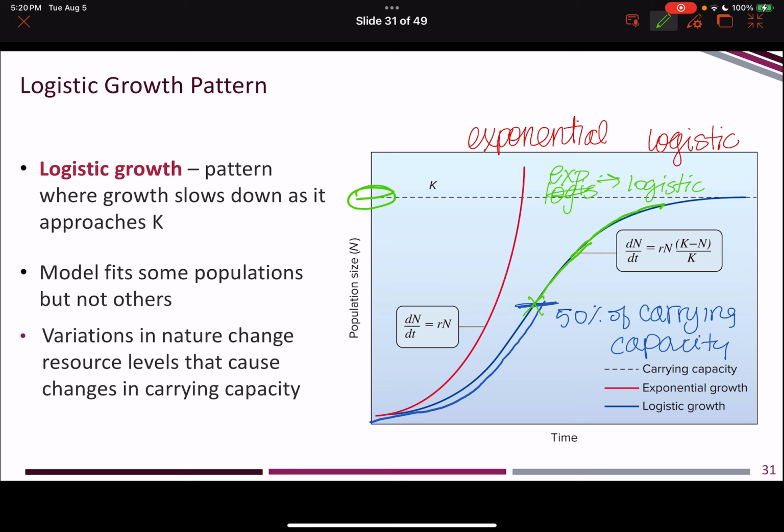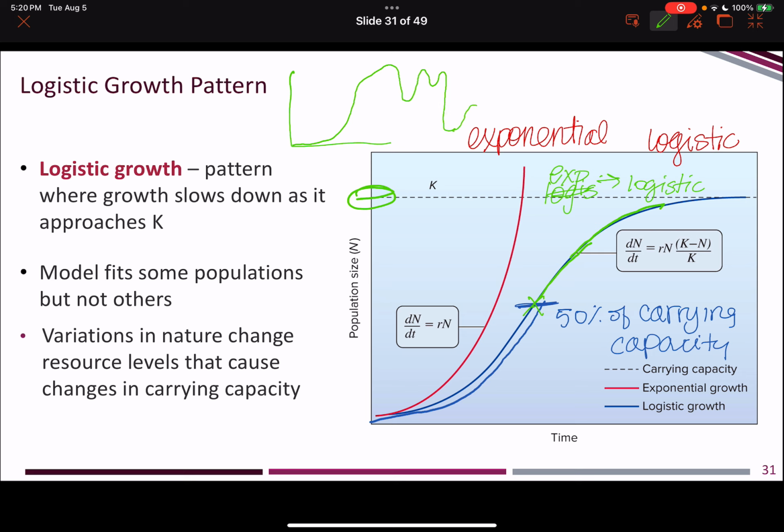Now this is really where I said that we don't see this exact pattern in a real population. Because what is actually probably happening here is that your population is growing exponentially, and then it's going to slow down a bit, but it's probably going to overshoot. So then maybe it's going to crash. And then it's going to grow a little bit, and then it's going to crash. And then maybe something makes it crash really hard.